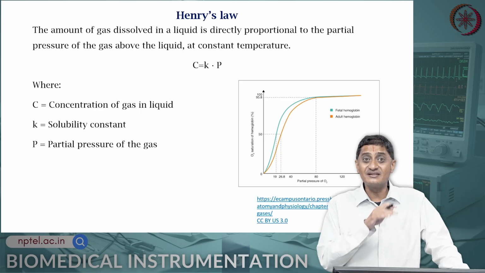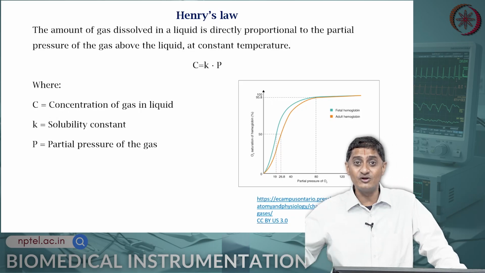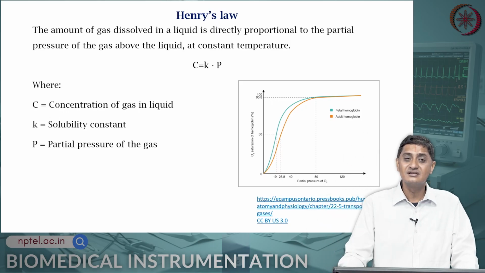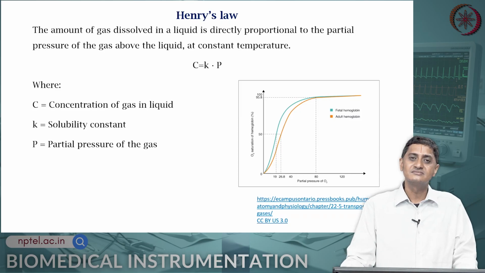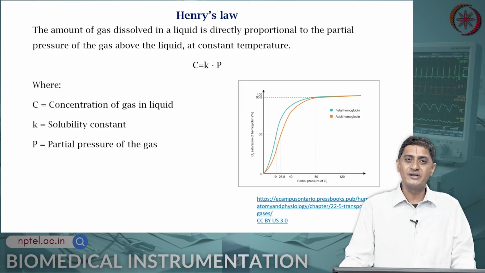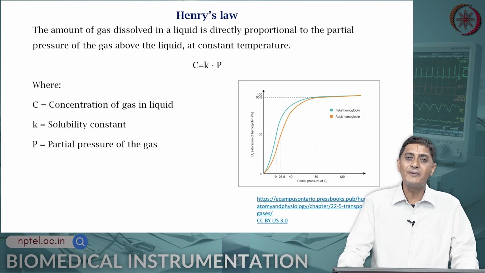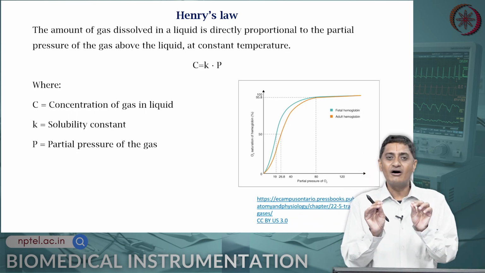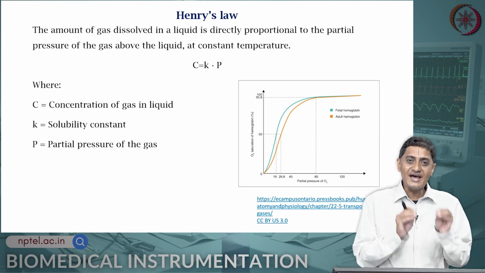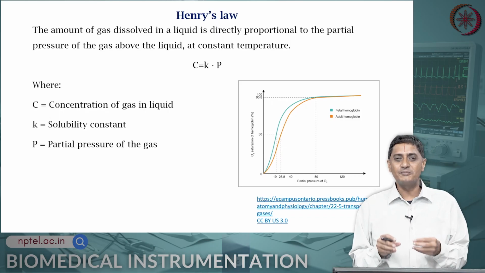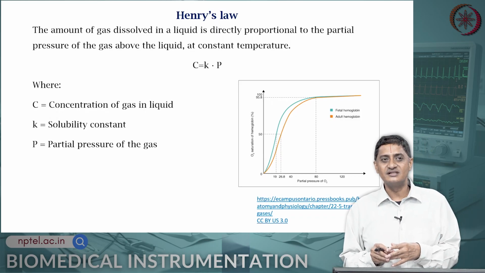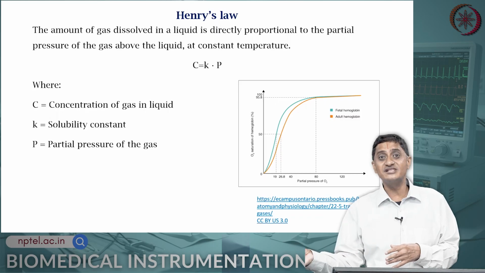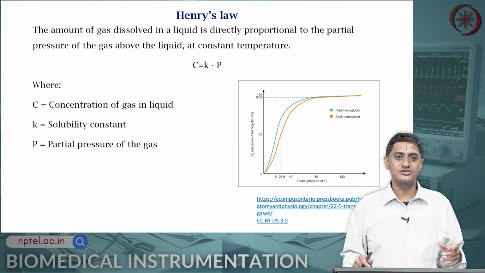Only because of this, oxygen diffuses through the alveoli. It is not magic, it is not rocket science. It is a simple diffusion that happens because the partial pressure of oxygen in air is higher than the partial pressure of oxygen in deoxygenated blood, not in oxygenated blood.